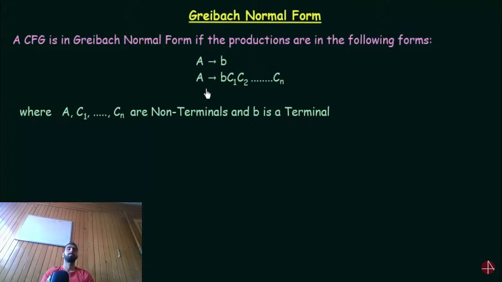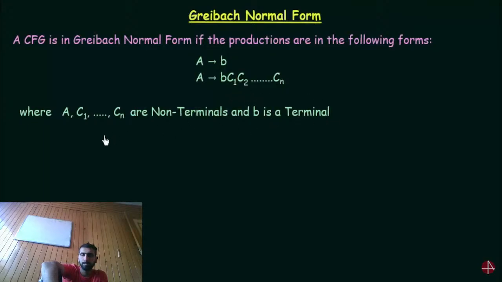Or if you have a production of this form where a non-terminal symbol A gives a terminal symbol followed by a set of non-terminal symbols, then also it is in Greibach normal form. So if you have productions of these two forms, then they are said to be in Greibach normal form, and if they are not in this form, then they are not in Greibach normal form.